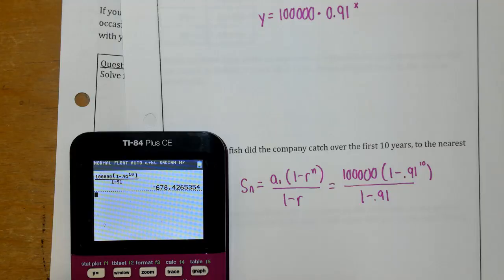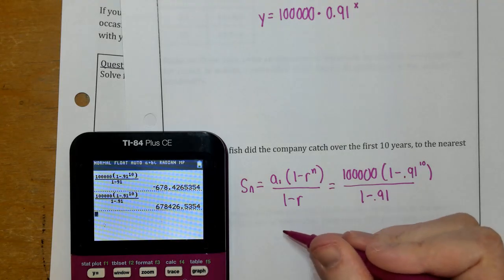What did I type in wrong? Oh, I see it. We didn't put the decimal in front of the point. There we go. Same values, it's just now all the decimals moved over.